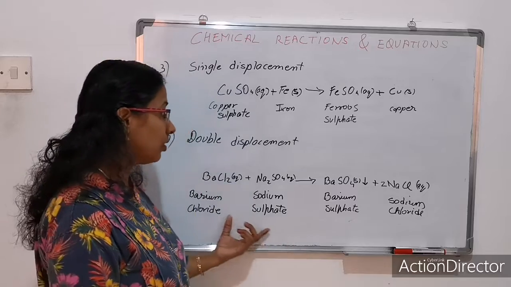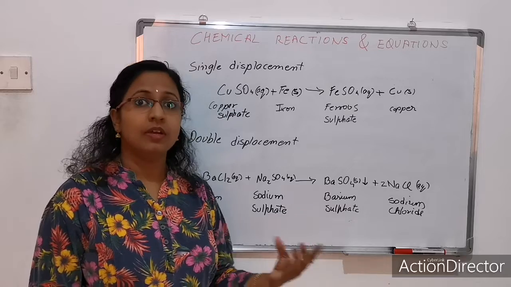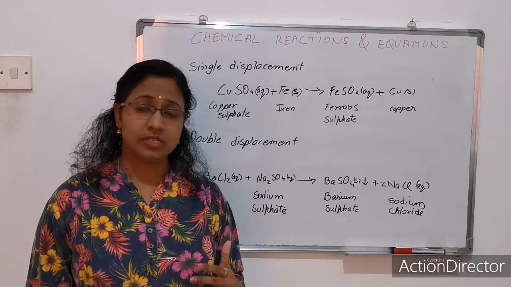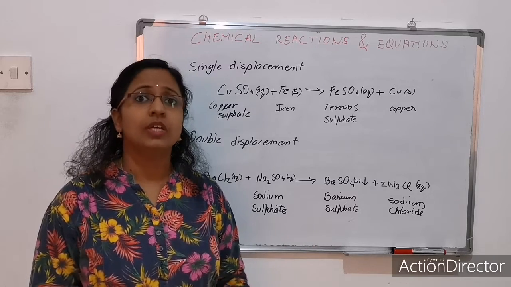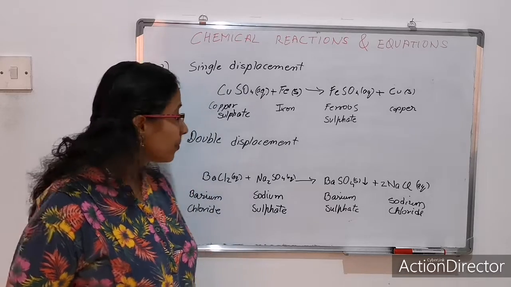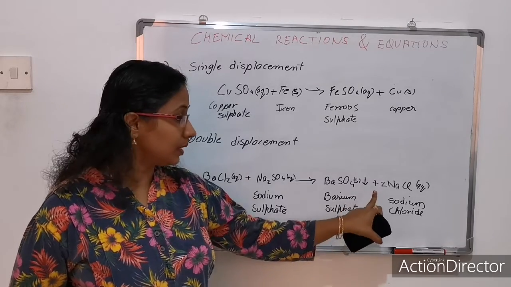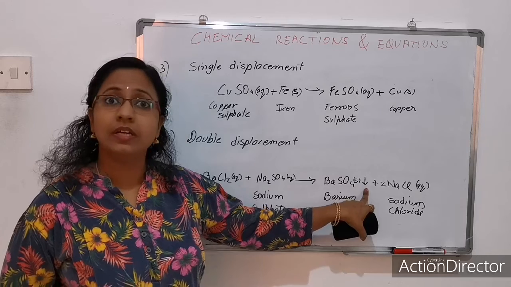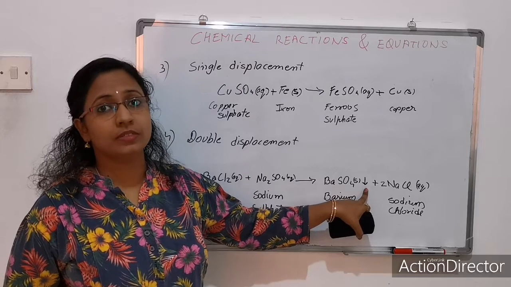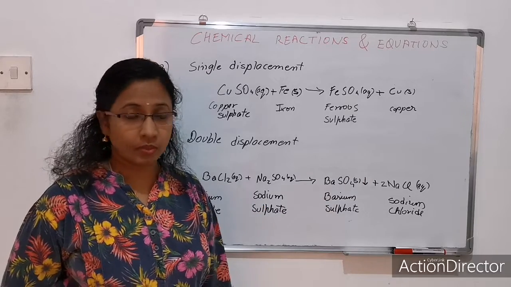An example of a precipitation reaction is also this, and double displacement is also this. A precipitation reaction is any reaction in which a precipitate is formed. This down arrow is the symbol used to represent a precipitate.